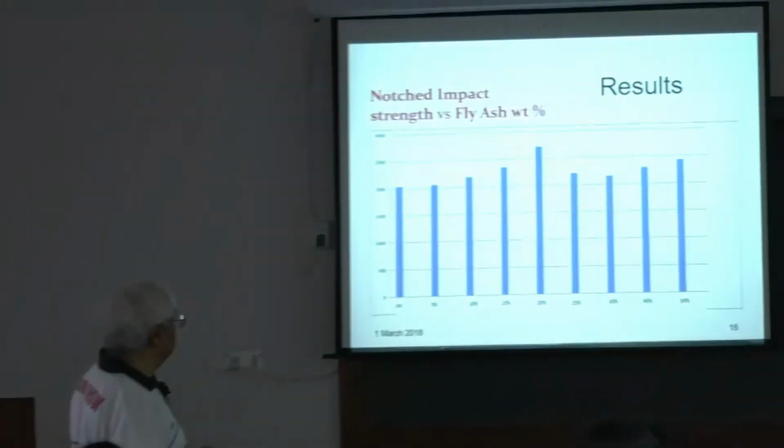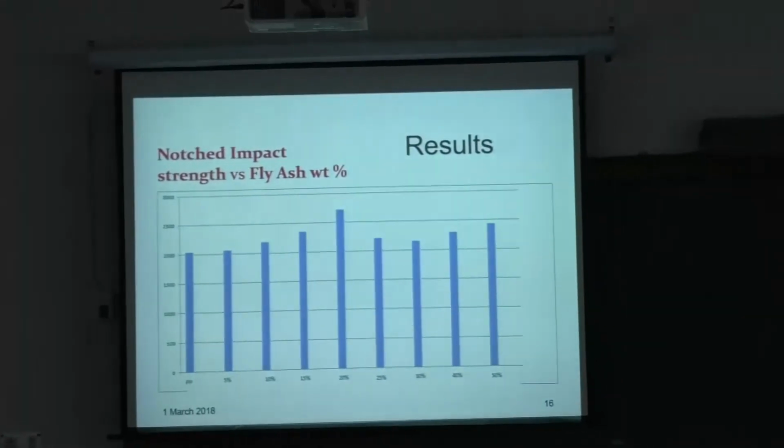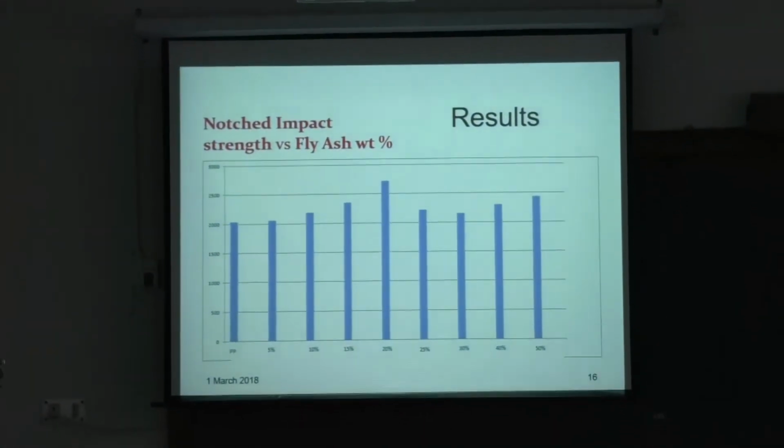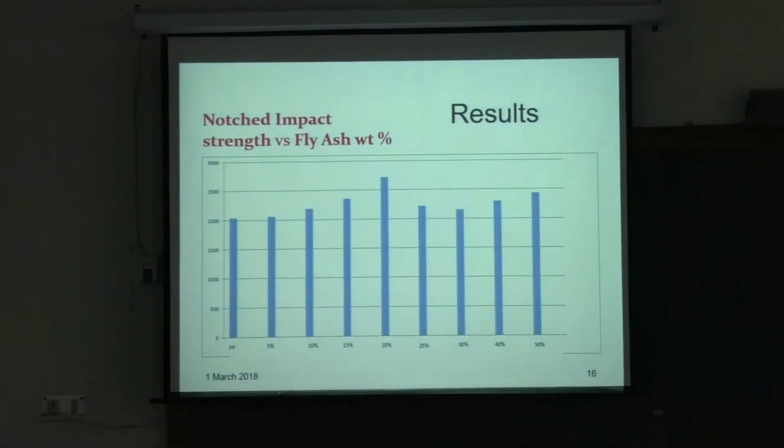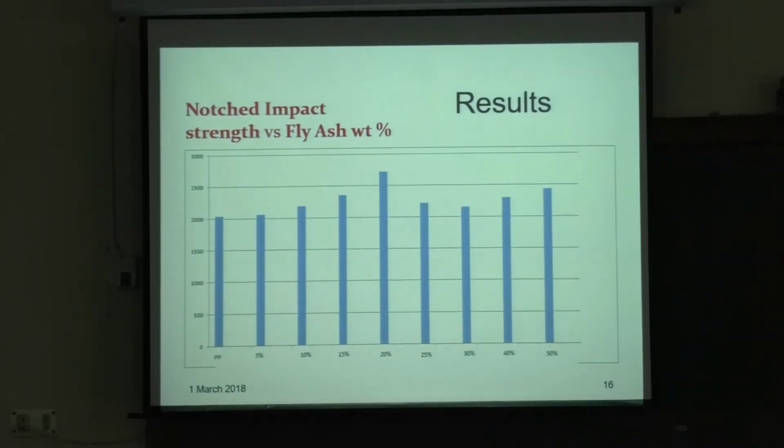Okay, now is the result of the notch impact. We didn't worry about the tensile and other things because, as you know, without any fly ash, this is the polypropylene. This is, I think, joules per meter square. And when you go up to about 20%, you get about 25% improvement.